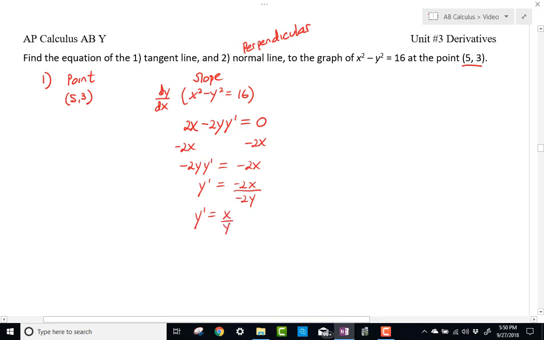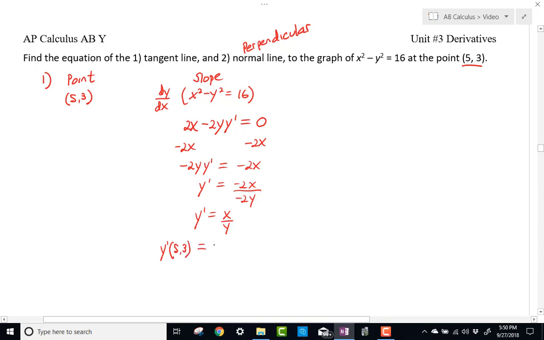Now, I could have plugged in the 5, 3 way back at the front end, or I can plug it in down here at the back end. So we're going to bring our point over here now. Let's do y prime of 5, 3.